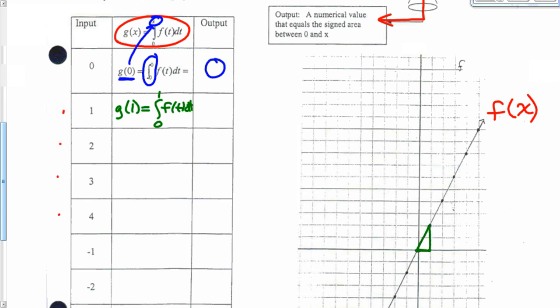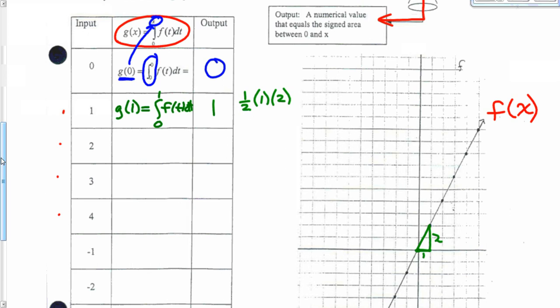The area of a triangle is 1/2 base times height. In this case, I have 1/2, the base of my triangle is 1, and the height is 2. So I have 1/2 times 1 times 2, which works out to 1. Simple enough. Let's move on to the next one.